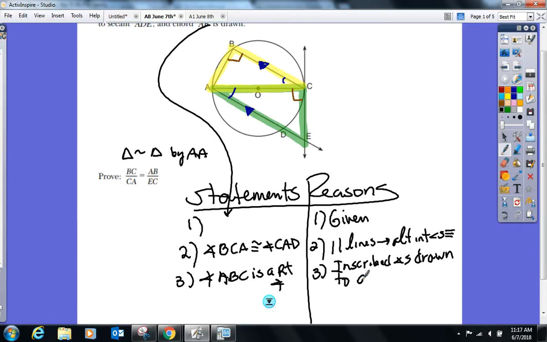Inscribed angles drawn to a semicircle. Anybody remember what else you could have instead of semicircle that's appropriate? Diameter. Nice job, Justin. Inscribed angles drawn to a semicircle are right angles. You've got to write inscribed, though. I see too many times angles, chords drawn to a diameter. No, inscribed angles drawn to a diameter.